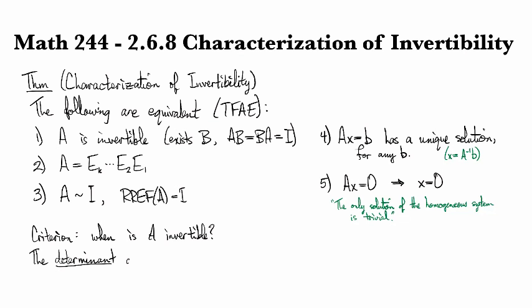The determinant of A is a number associated with A, and the notation for it is det A, or we put bars on it that look like absolute value bars.